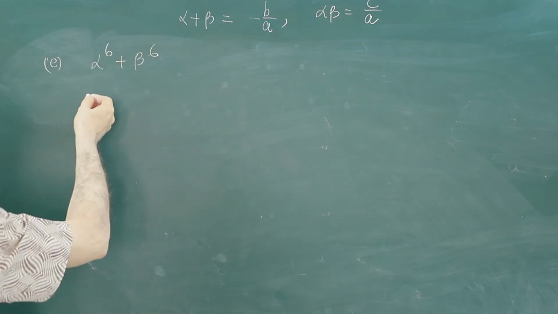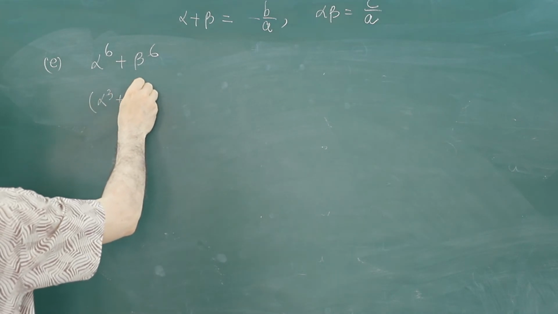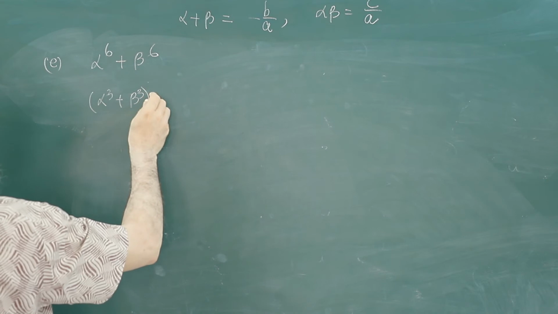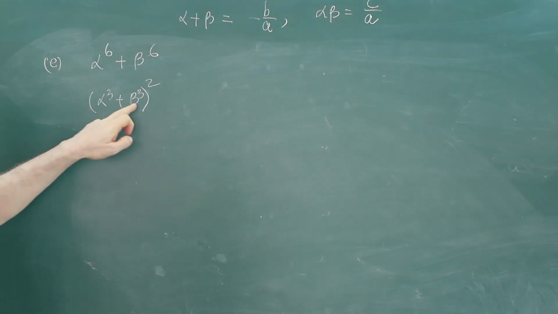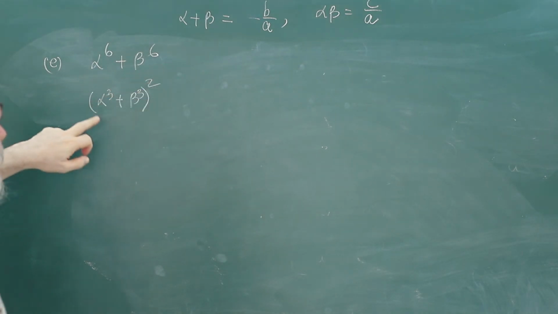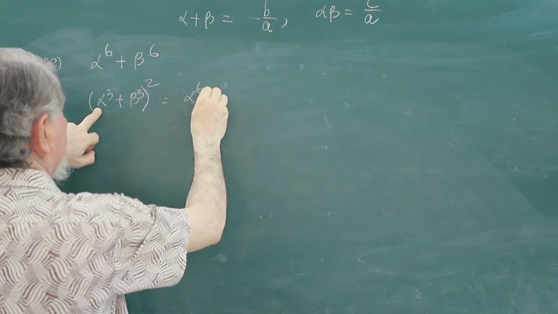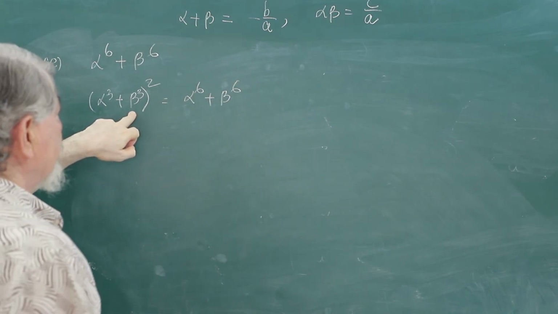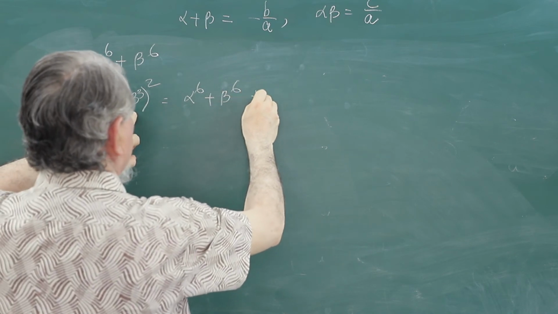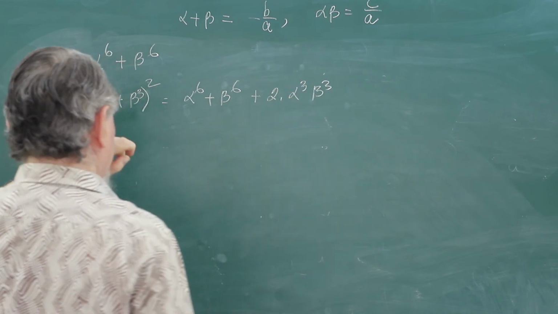Again, what I am going to do, alpha 3 plus beta 3, suppose I want to find the square of this. If I want to find the square of this, a cube, a plus b whole square. So what will happen? Alpha 6 plus beta 6, a square plus b square plus 2ab, that is, plus 2 alpha cube beta cube.